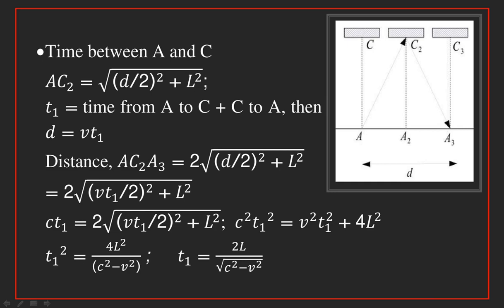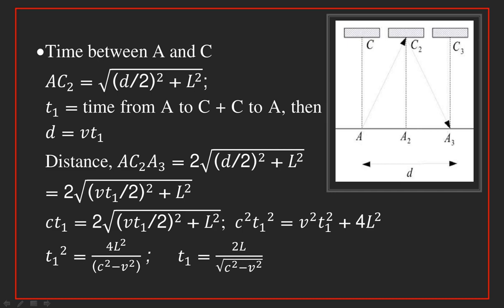Now if T1 is the total time taken for the round trip of the ray from A to C and then from C to A, then d is the distance travelled by the Earth during this time interval.